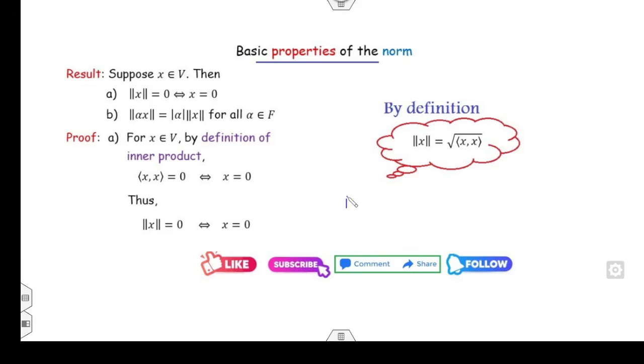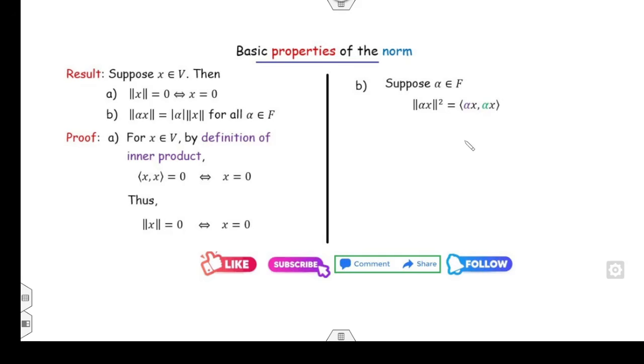Look at the second proof, that is norm of alpha x. I can use this definition. I can put norm square, which is equal to alpha x comma alpha x. This definition comes from the norm. Now you can open that. I can use the property of the inner product: alpha x comma y is equal to alpha outside of x comma y.